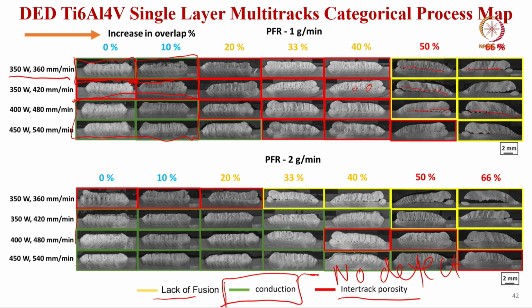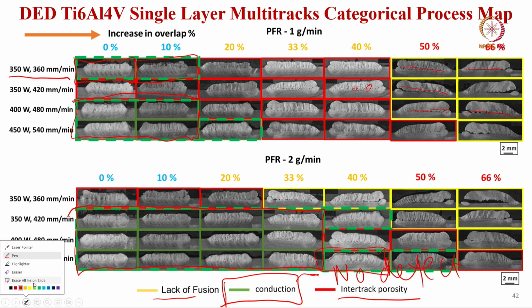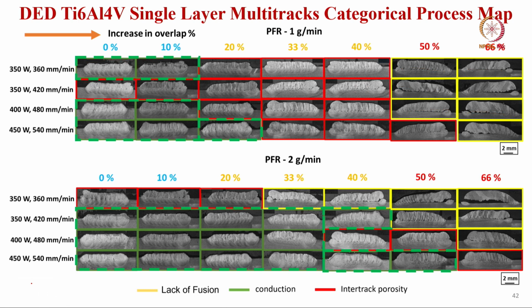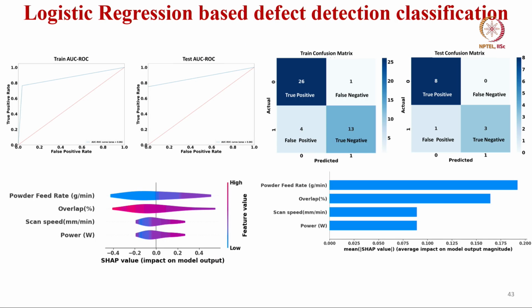We need to have these green ones, where there are no defects, a perfect conduction case, where a perfect multi-track weld has been generated, particularly in the case of Ti6Al4V. The dotted ones show the distribution of the conduction cases as a function of different combinations of the process parameters.